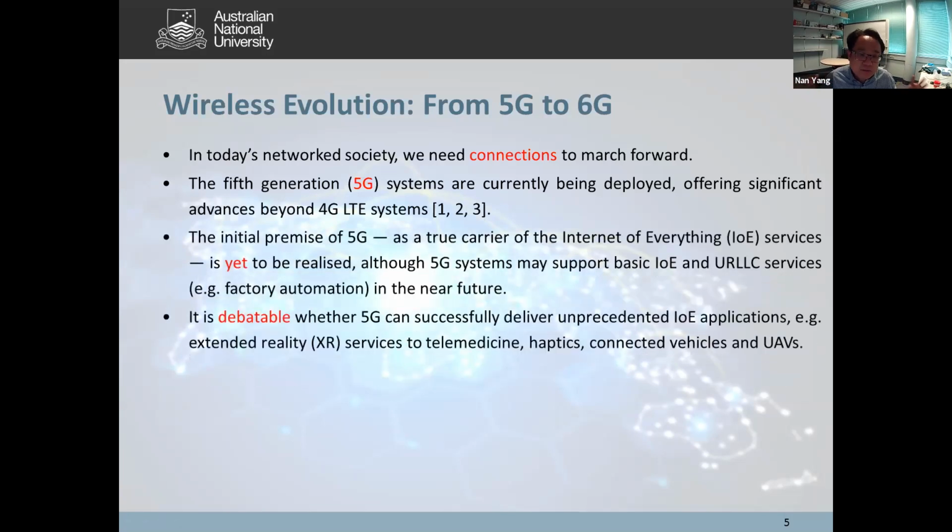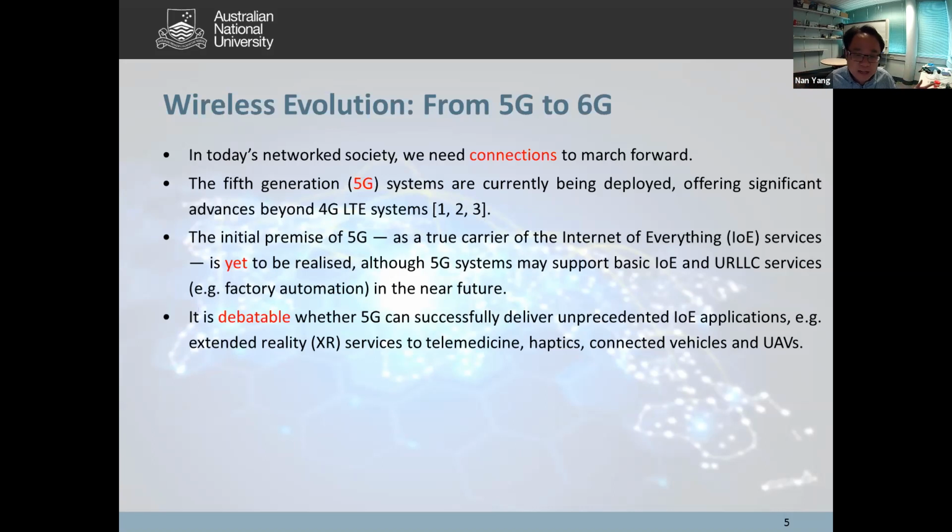If we look at the current 5G and compare it with the initial premise, we can see a slight misalignment or gap between our expectation of 5G and the real, practical 5G produced by the industry. Because the initial premise of 5G was to be a true carrier of the Internet of Everything services. But this initial premise has not been realized yet.